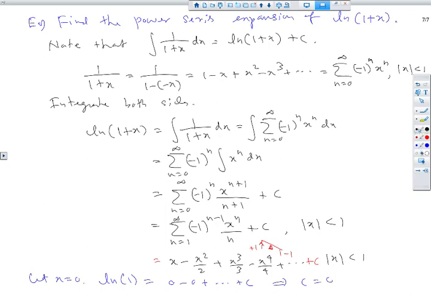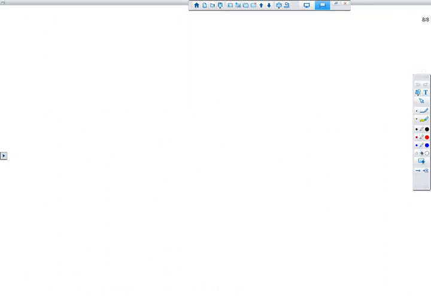So c is 0, which means you get the final answer like this. You always need to find the c by plugging in something. As a sigma notation, it is the sum from n equals 1 to infinity of (negative 1) to the n minus 1 times x to the n over n, or if you expand it, you get x minus x squared over 2 plus x cubed over 3 minus, like that.